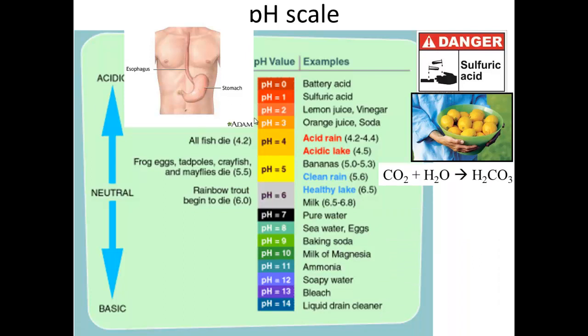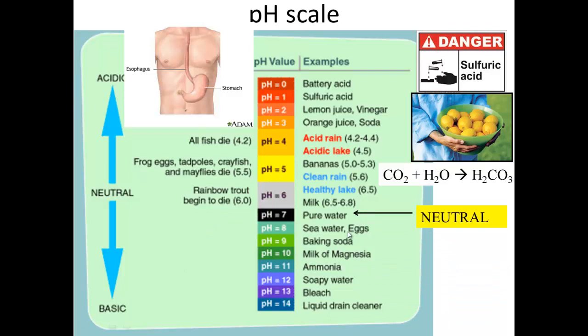Rainwater, which is clean rain right here in the blue, is about 5.6. It's a little bit acidic, and that's just because carbon dioxide dissolves in the water, giving you carbonic acid. Your acid rain lake is actually 4.5 or 4.2, so it's even more acidic.